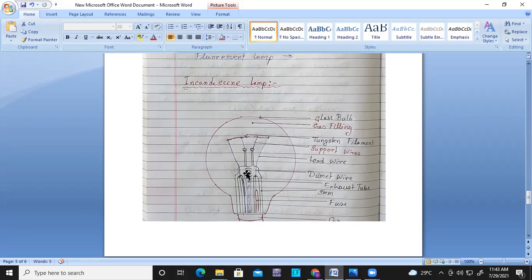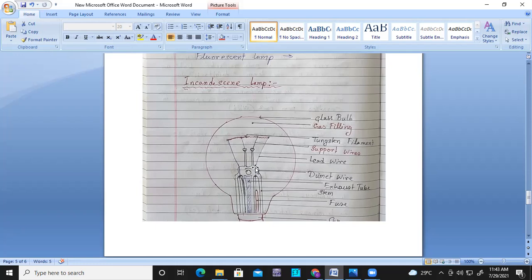This supporting wire is mounted on the glass stem, and the lead which provides the power is jointed by welding with the lead wire.